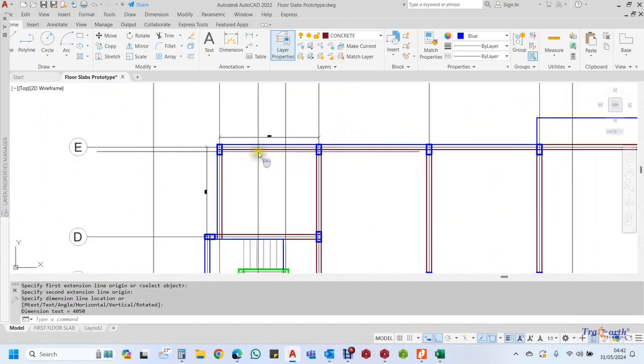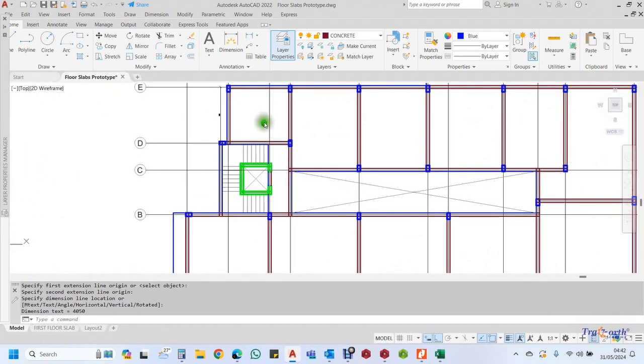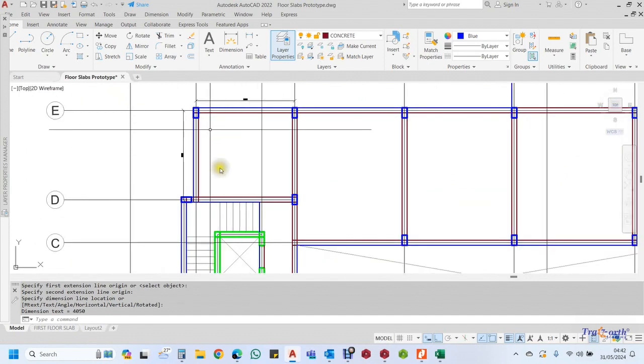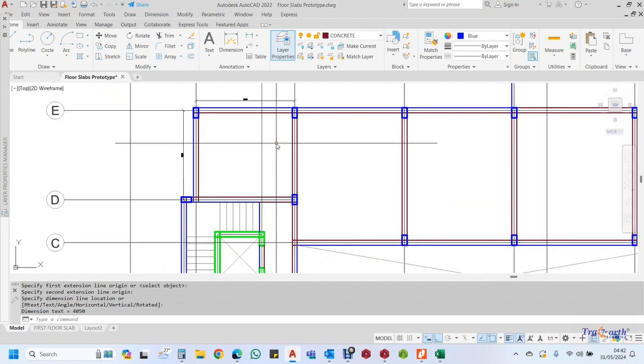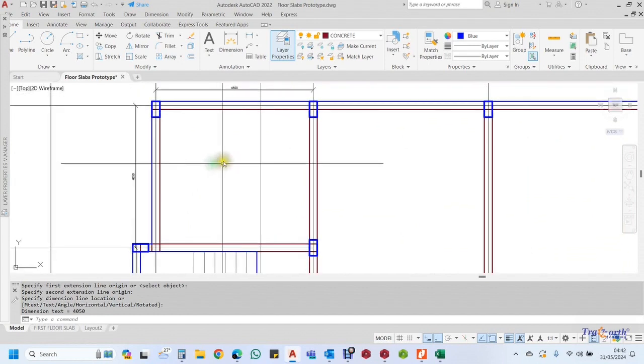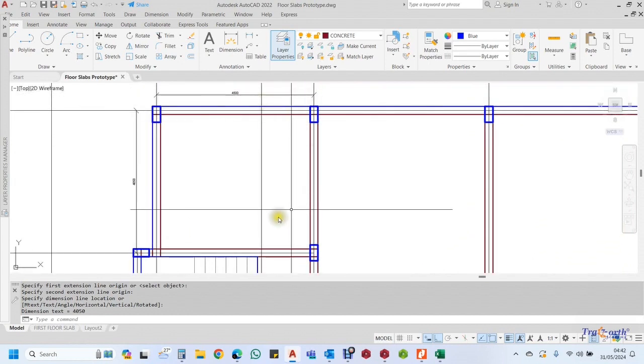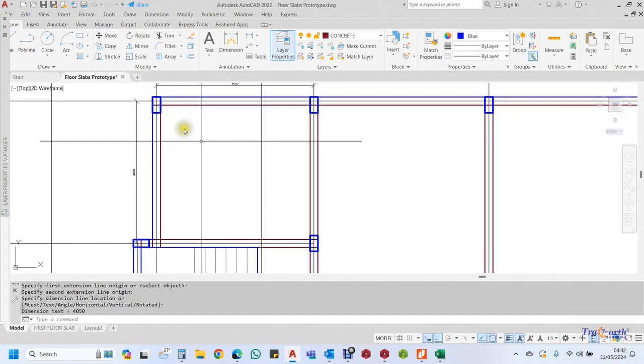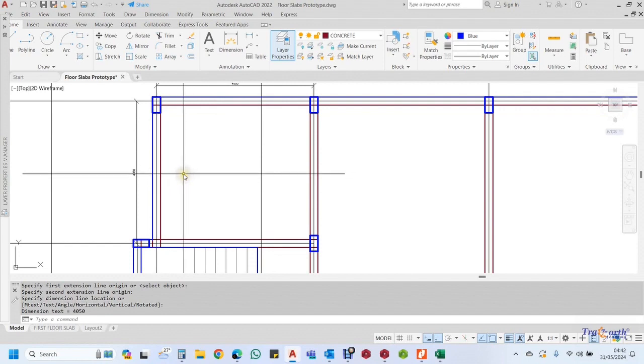Okay, so let's continue. Like I said earlier, in this particular edition, we are going to be focusing on how we can design this. And there are many methods of slab design. The most popular is the yield line method, whereby you use simple coefficient analysis.